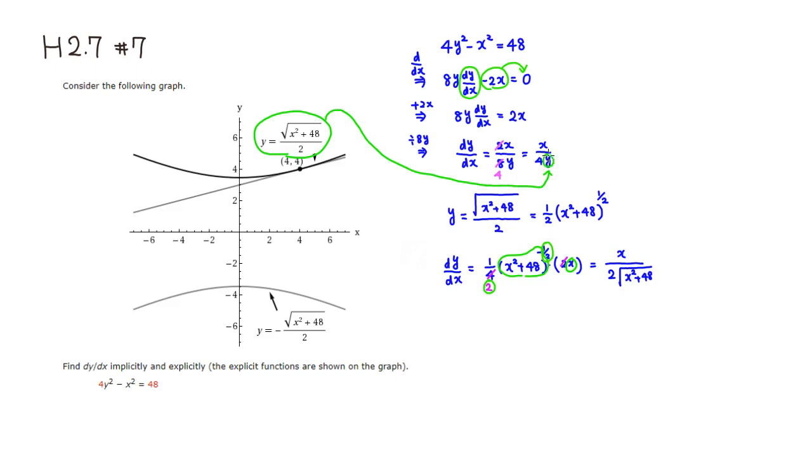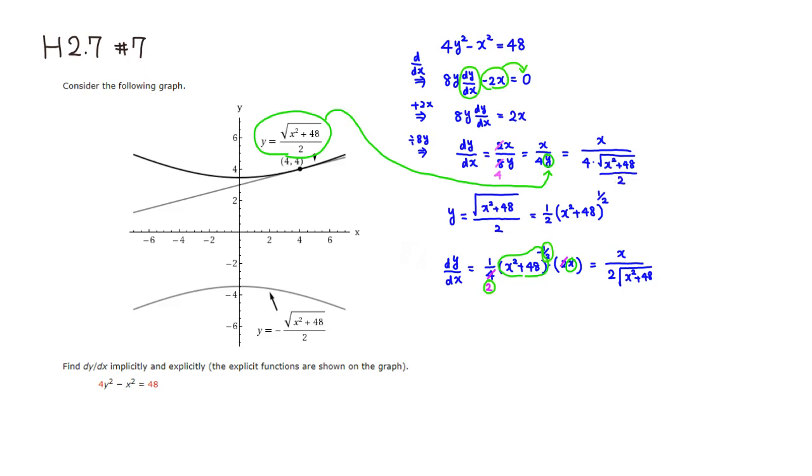We know that x over 4y is equivalent to x over 4 times the square root of x squared plus 48 over 2.